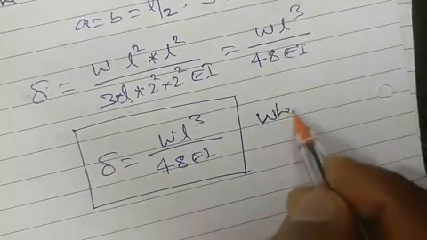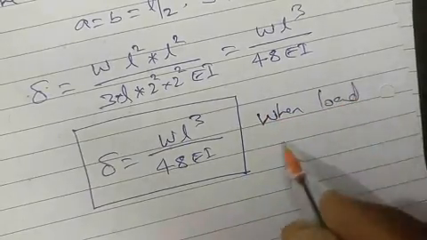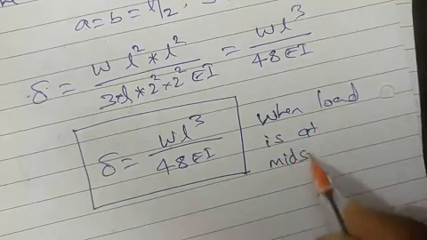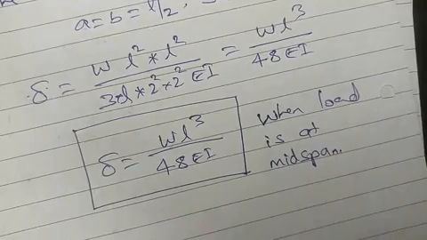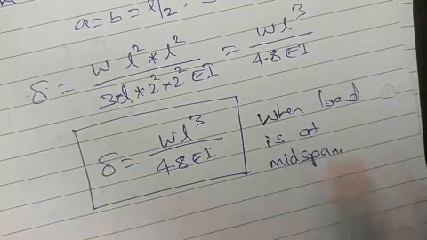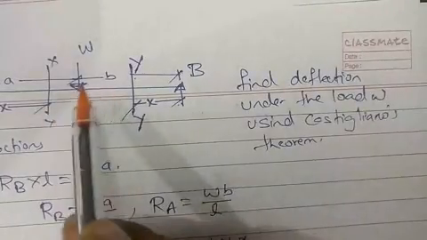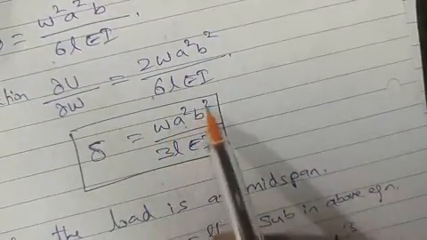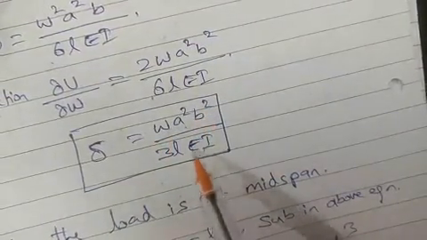When the load is at mid span, so we got, this is the problem. When the load is eccentrically acting, then we got the delta as W A square B square by 3L EI.